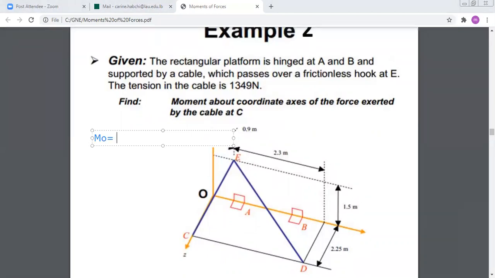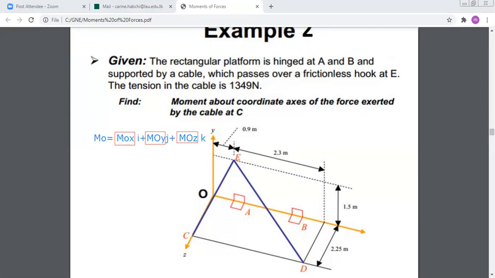I will get three components, one along x, so MOX i plus MOY j plus MOZ k. Now, when I get this vector, what do these three components mean? MOX represents the moment of my force about the x-axis. MOY represents the moment about the y-axis, and MOZ represents the moment about the z-axis.